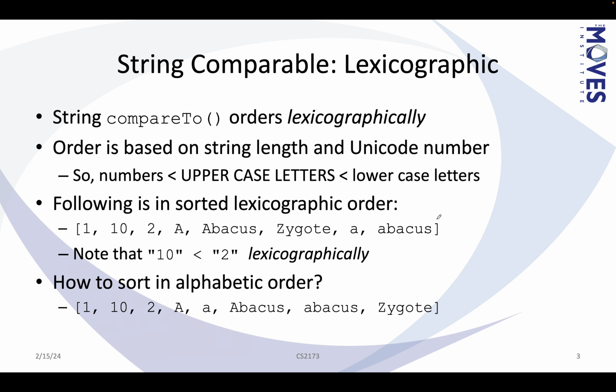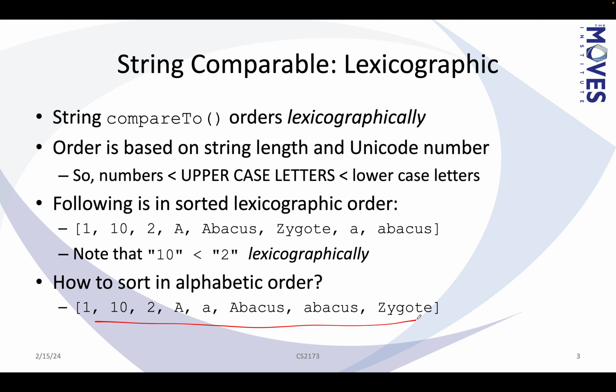That's lexicographic order. But imagine you're looking through something, thinking alphabetically, and you know something is there and you can't find it. Why? Because you see the A's, but they're capital, and the small a's are way out here. So alphabetically, you'd want to do it this way.